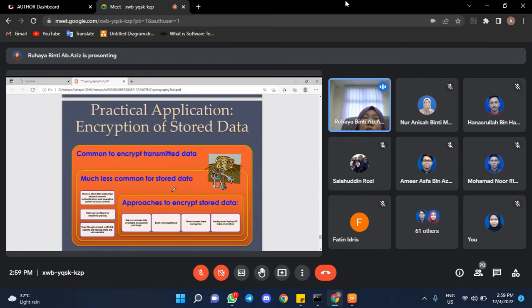Sebab software engineering security, konsep security itu it is not just cryptography atau encryption saja. Ada konsep yang lain yang kita kena apply.